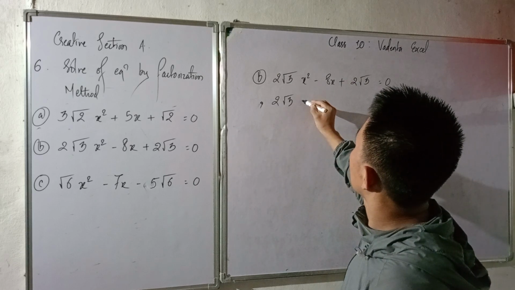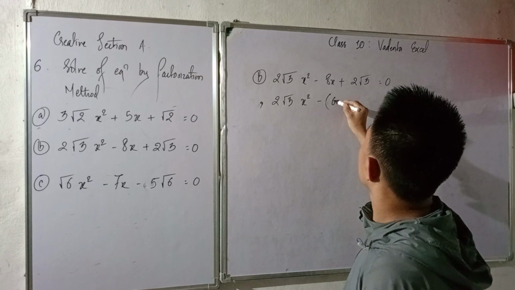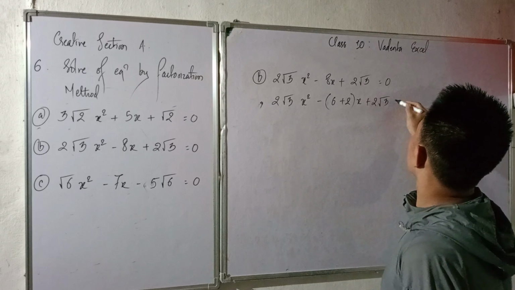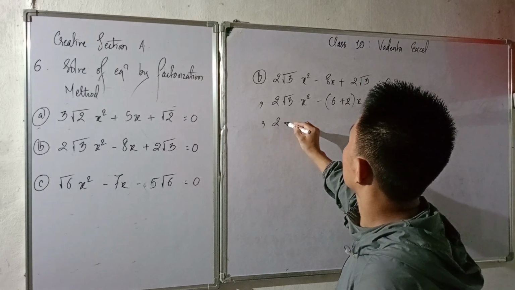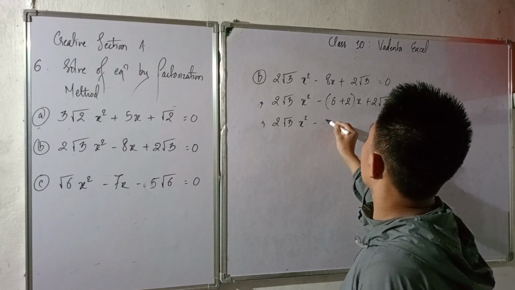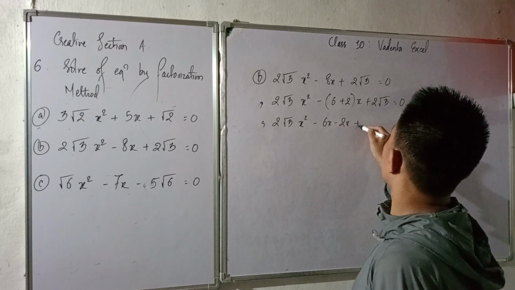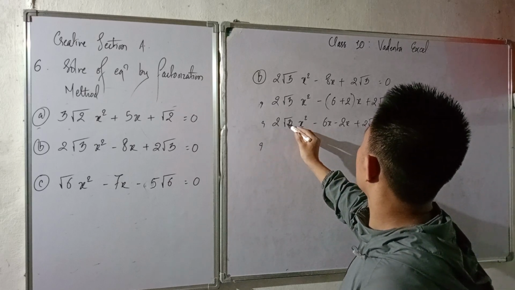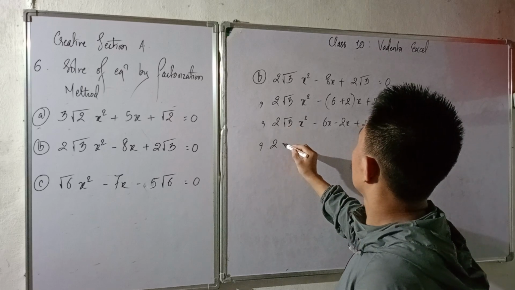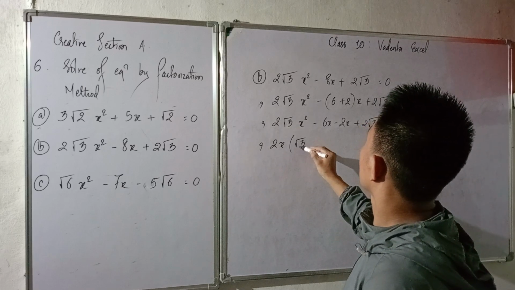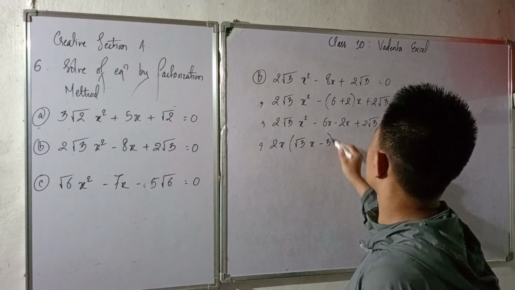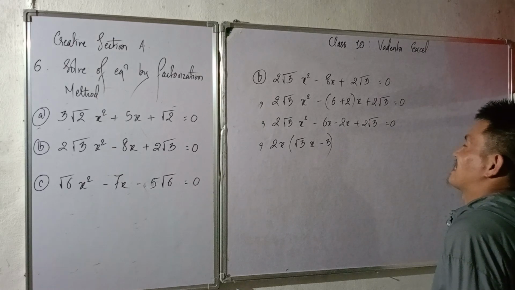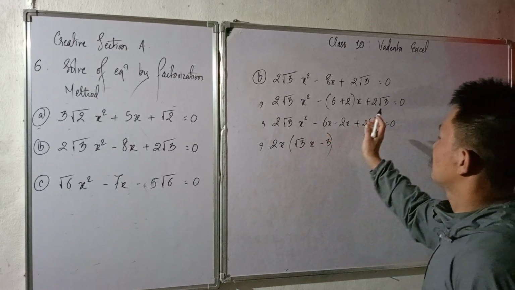2 root 3 x square minus 6x minus 2x plus 2 root 3 equals 0. I'm not going to skip any methods, though you can skip. Now take common. From here you can take 2x common, root 3 x minus 2 times 3 is 6.